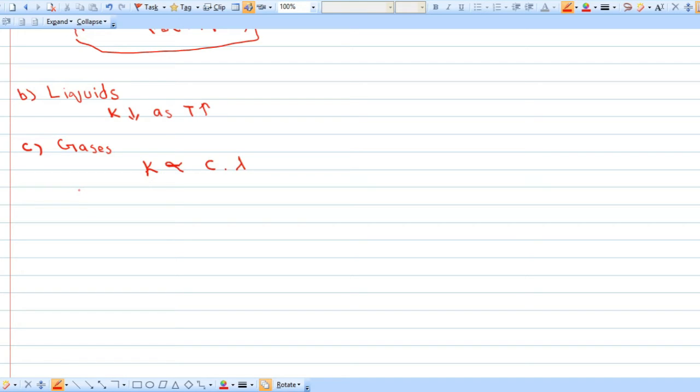That's why thermal conductivity is reduced. Also, because of the reduction of temperature, the speed c at which molecules collide is decreased. That's why thermal conductivity of the gas is decreased with the decrease of temperature. As the temperature is increased, thermal conductivity of the gases is increased.